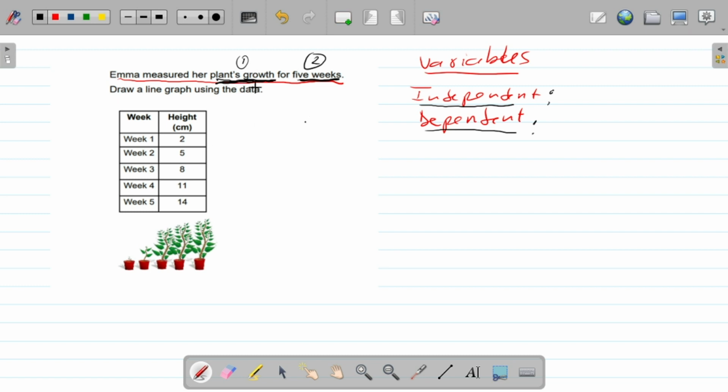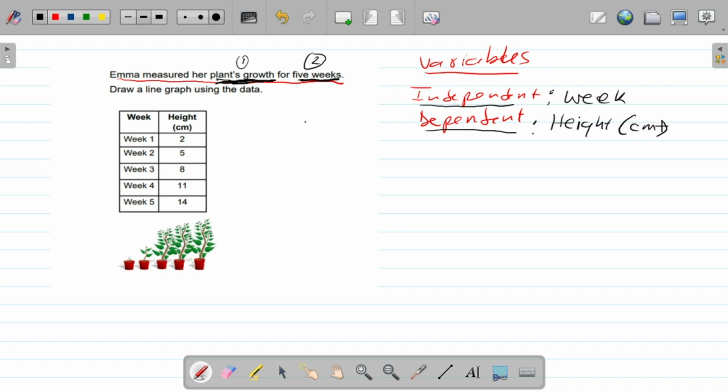So that makes the weeks the independent variable. So the week is the independent variable, and then the height, that basically is the growth, the height of the plant in centimeters.